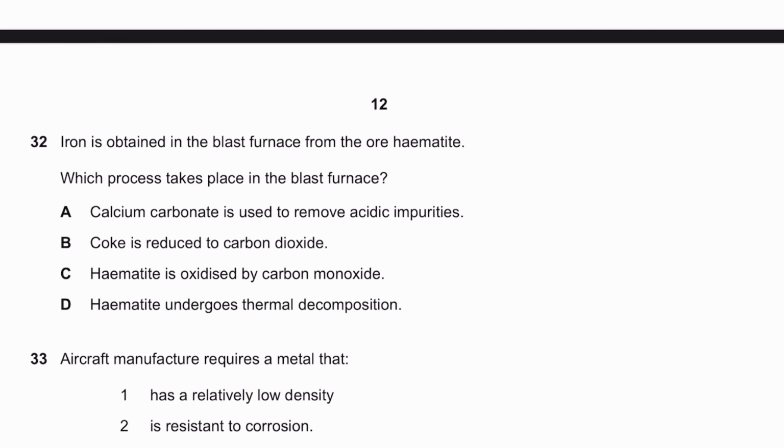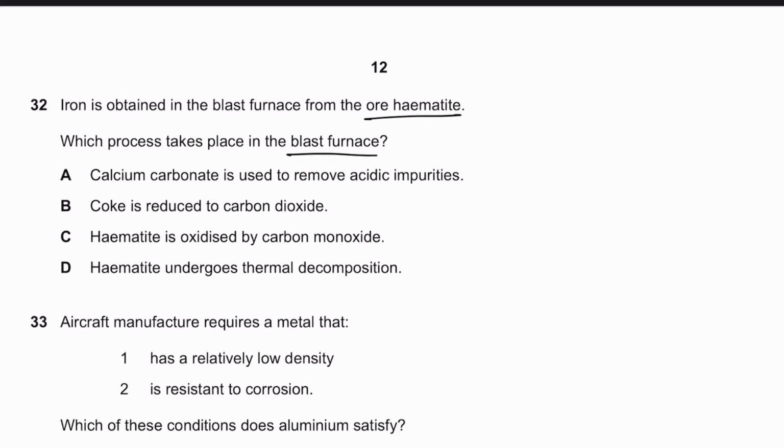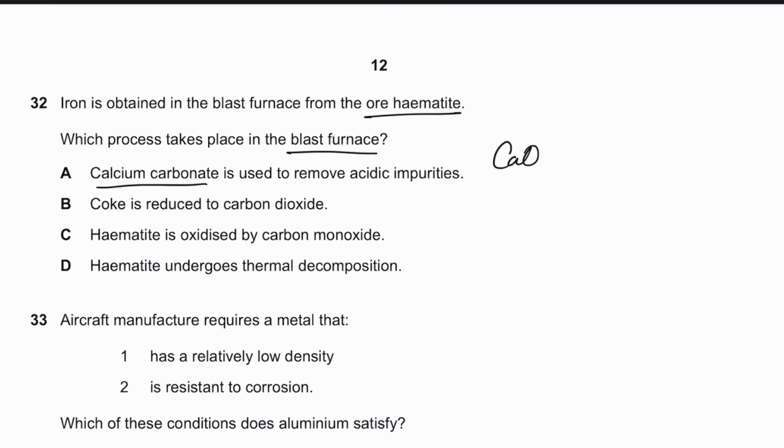Now, iron is obtained in the blast furnace from the ore hematite. Which process takes place in the blast furnace? Calcium carbonate is used to remove the acidic impurities. No, calcium oxide removes the acidic impurities, but calcium carbonate decomposes to calcium oxide. So this could be a correct option.